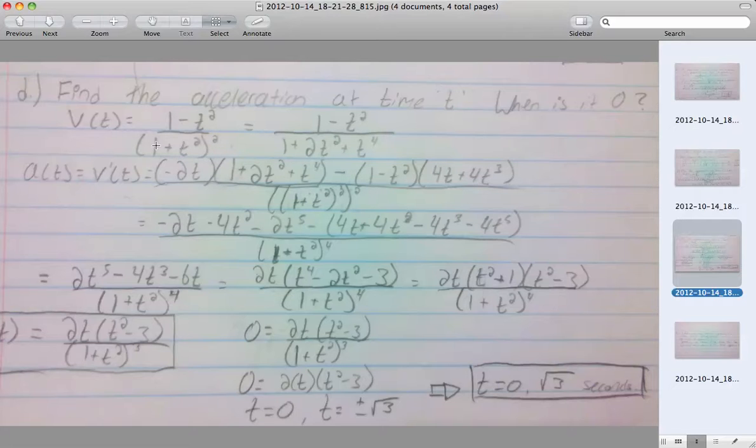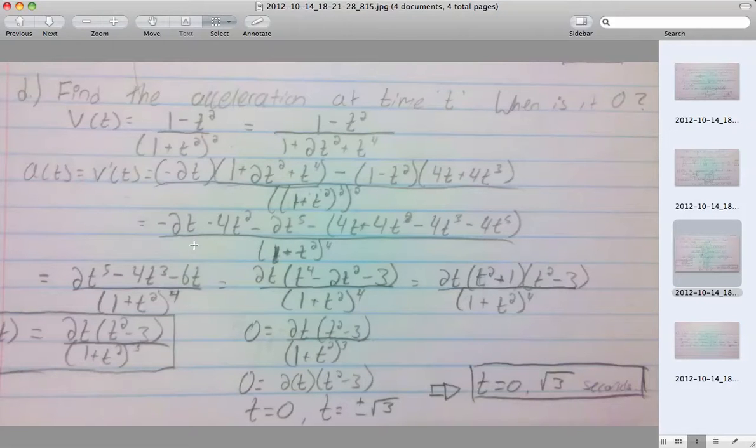And what we did here is we just FOILed out the bottom to get 1 plus 2t squared plus t to the 4th, which makes it easier to then use the derivative of the first times the bottom minus the first times the derivative of the bottom. And down here we just kept the denominator the same, because it's easier to have it like this.